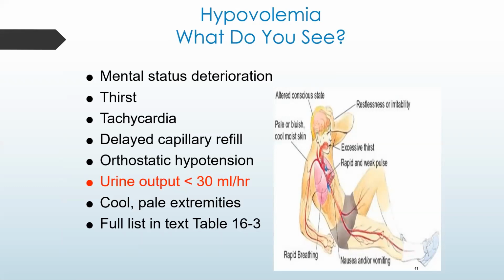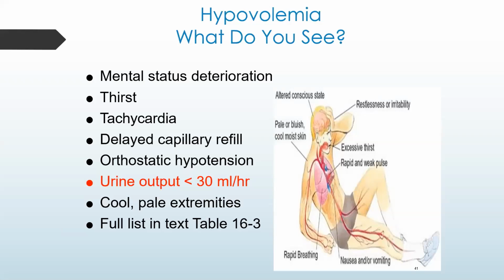Cardiovascular, we'll see tachycardia in an attempt to maintain blood pressure, weak pulses, and dysrhythmias due to low volume. We're also going to see delayed capillary refill, again due to low volume. Orthostatic hypotension is a result of insufficient blood flow to the brain.